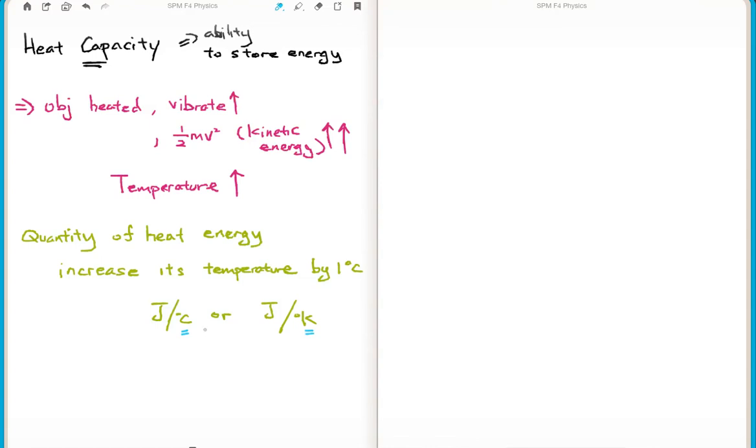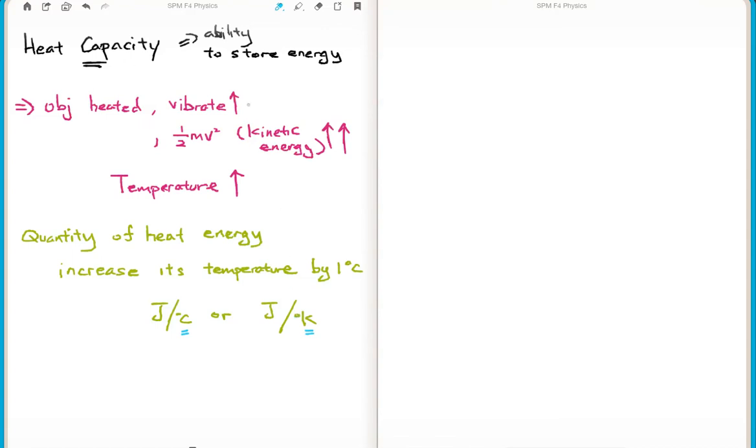You need to read the reference on it, because they are different types: Kelvin, Celsius, Fahrenheit, but in SPM it's Kelvin or Celsius, right?